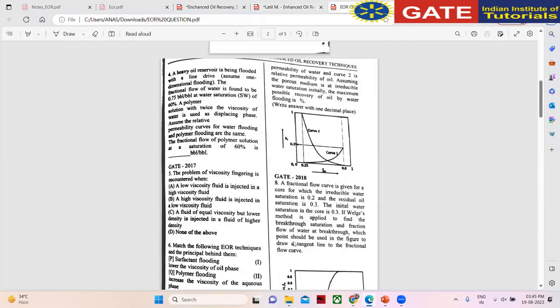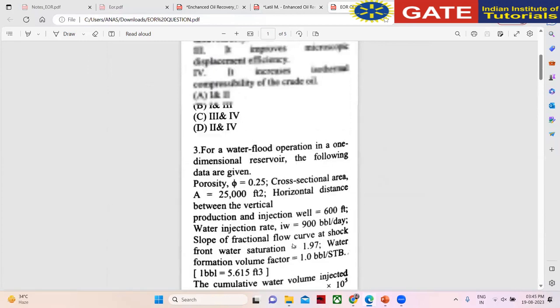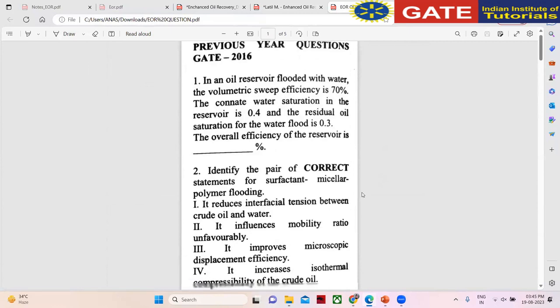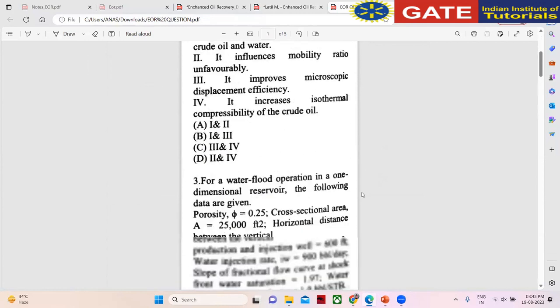So that question is also from previous GATE questions. Okay. All those questions discussed in today's class are from previous GATE questions. Okay. This is the list of previous GATE year questions.